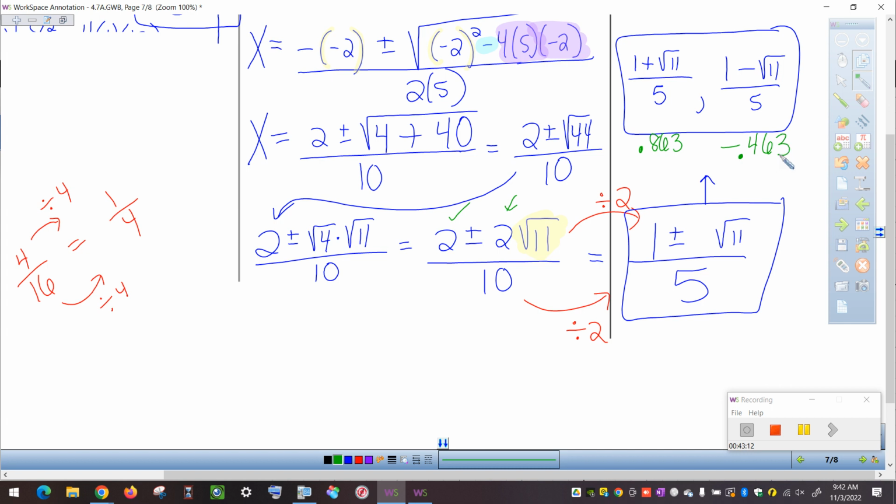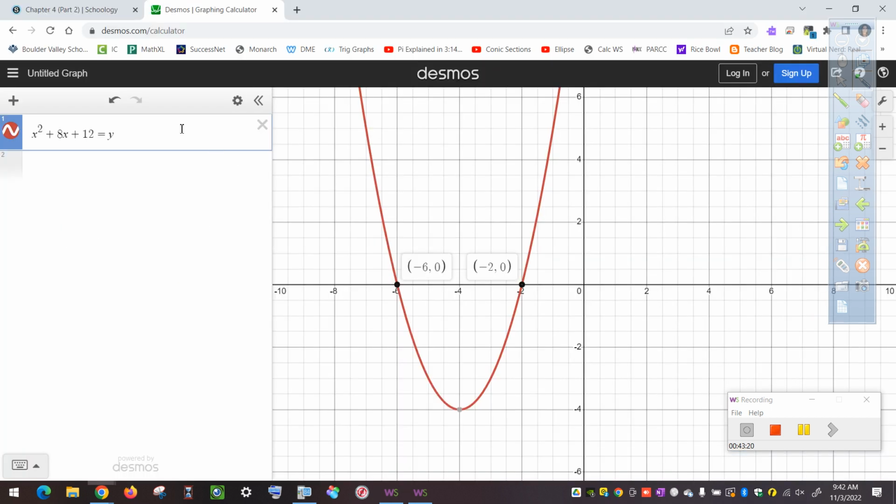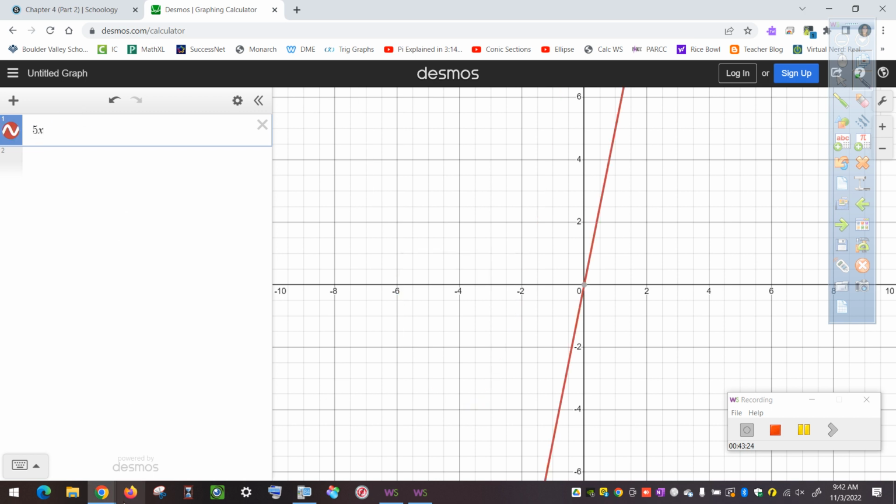That would be the decimal approximation. I show this to you because I want you to see, again, that these are still the approximate location of the x-intercepts on the graph of this parabola.